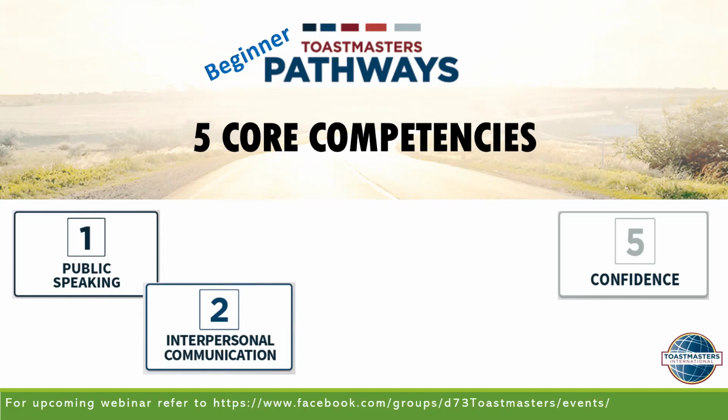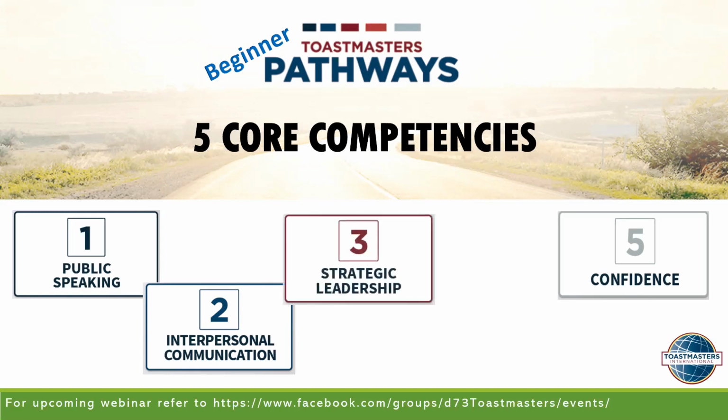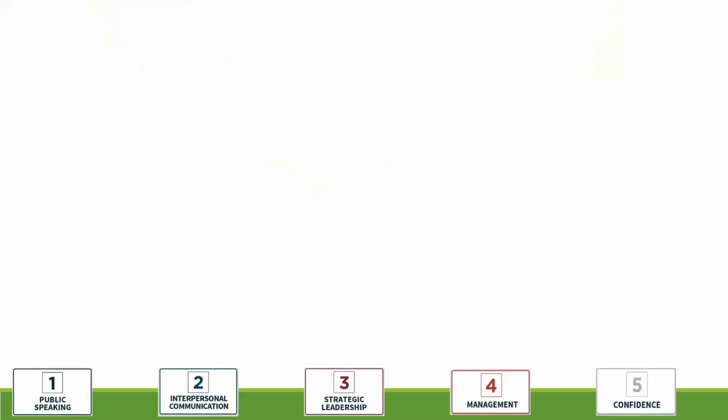Interpersonal communication is available in some of the paths, and you have strategic leadership and management. Depending on your chosen path, or on what you want out of Toastmasters, you can decide what course or path you want to undertake for your Toastmasters journey.